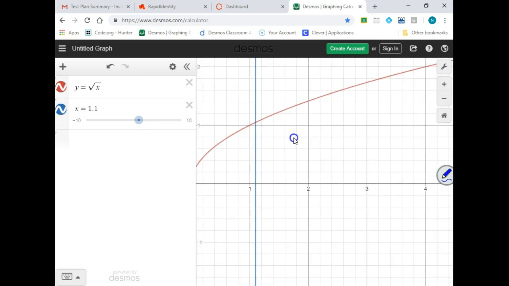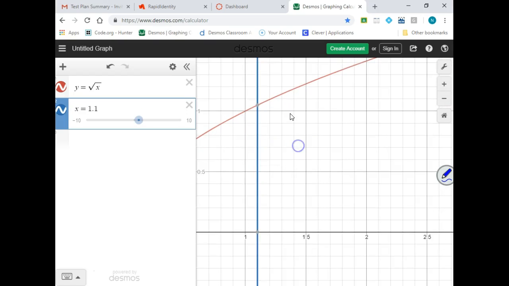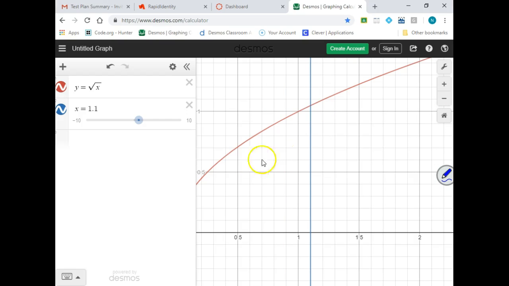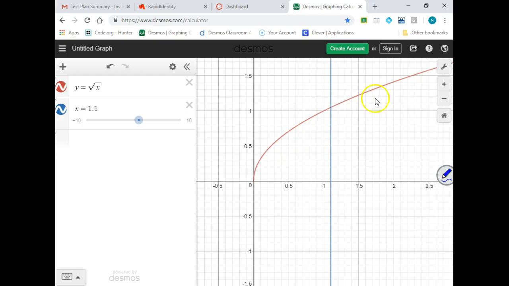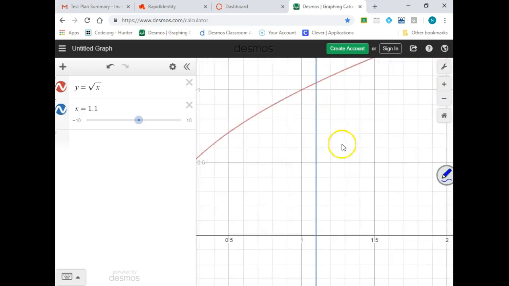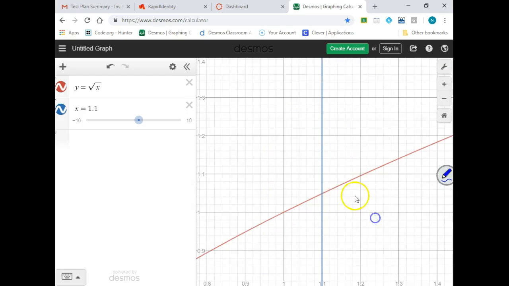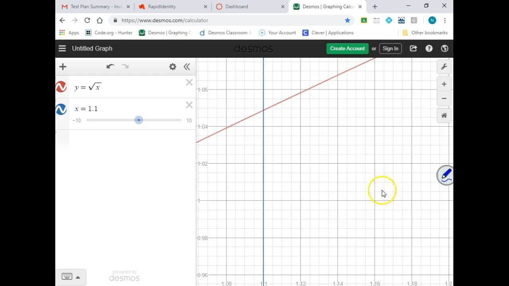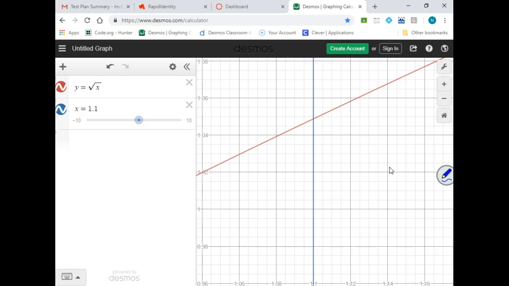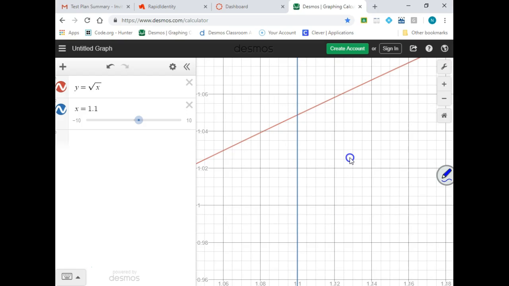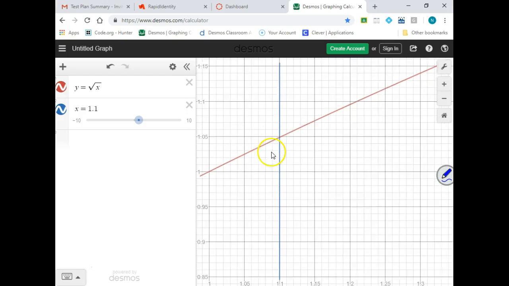As I zoom in, I can see clearly right here the line is curved, right? But if I zoom in like this, does it look curved? It looks very linear, right? So the idea is that it's really close to a line here.